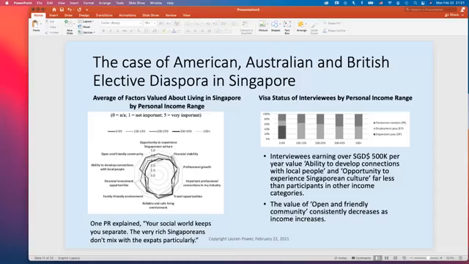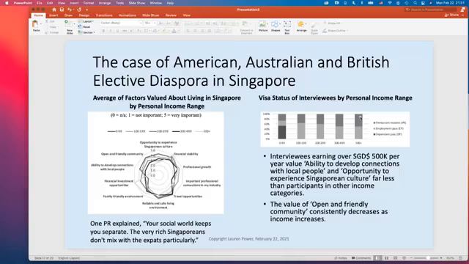And the value of open and friendly community consistently decreases as income increases. This might be because the expatriate world becomes more insular the longer people are there, and also with the more money that they have as they progress through their careers.